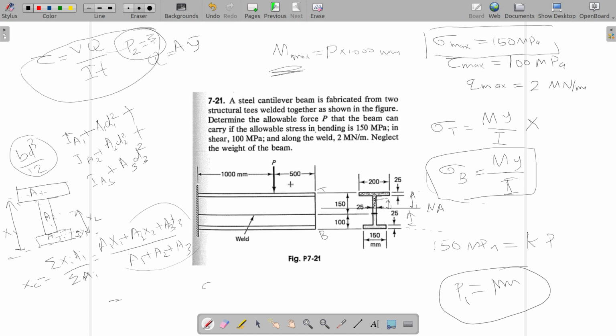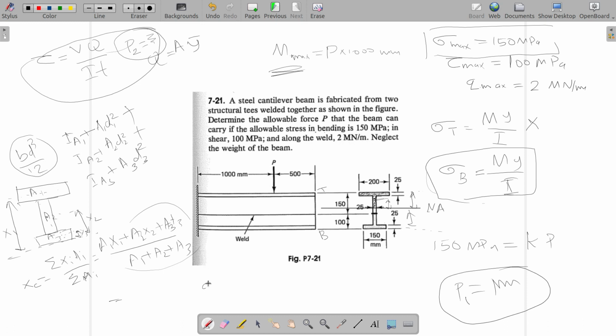So P3, like I told, you will get it due to the constraint that the maximum value of shear stress at the weld point is 2 meganewton per meter. So shear flow, sorry.